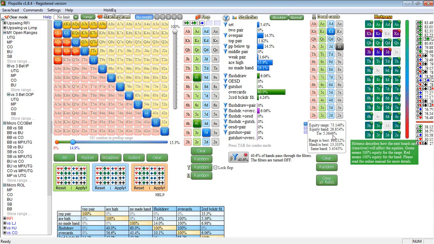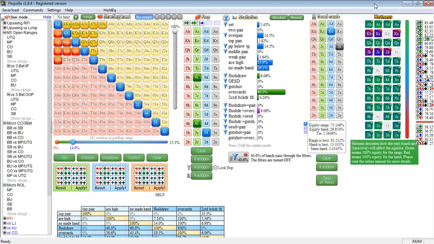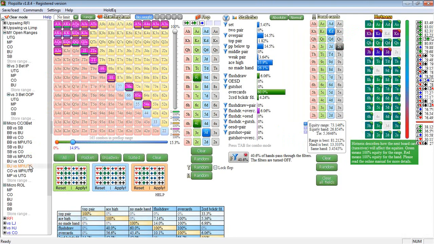Obviously, in terms of equity, it doesn't help our hand, but it helps our range, which of course does not include King Jack. Let's see, button versus middle position. This is what our range would look like here, and you just take away the green and really the pink hands there.